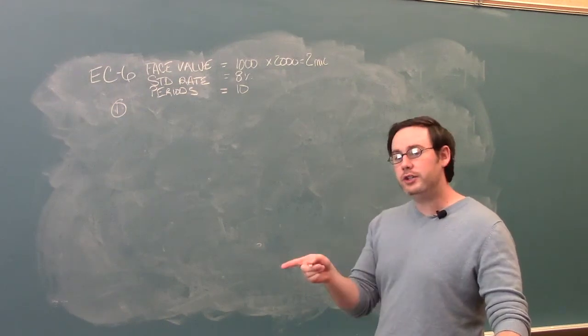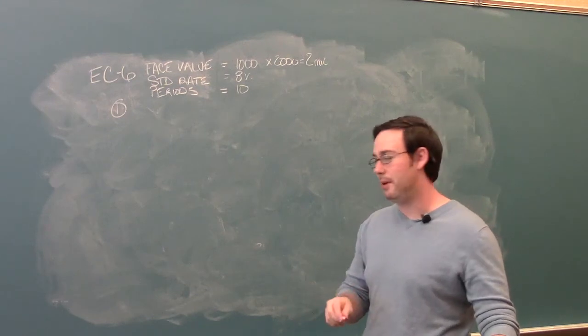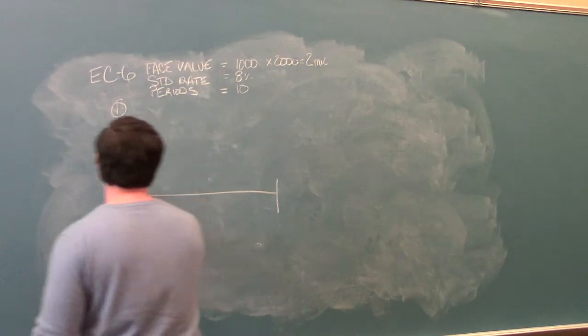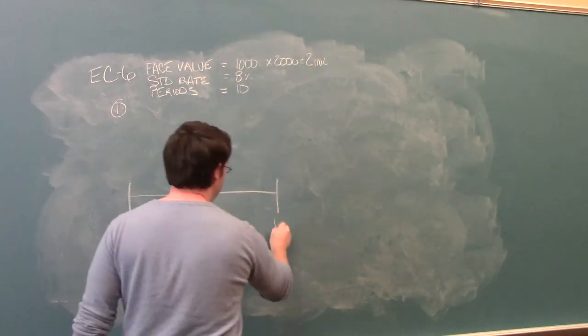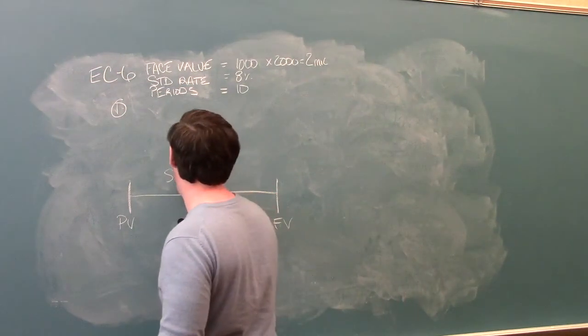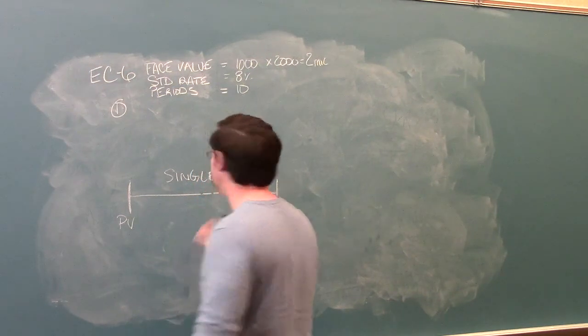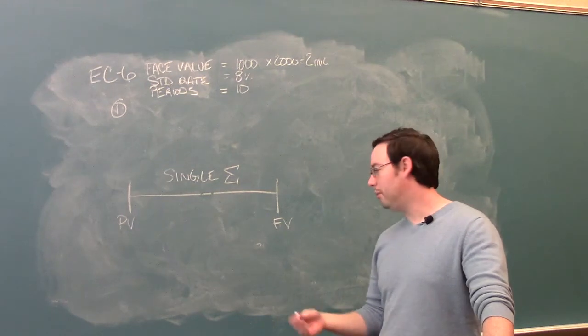So interest rate and principal are the 2 components that make up a bond, okay? If we were to look at a time spectrum, with this being the present value, this being the future value, there is a single sum component to what you as an investor are willing to pay for a bond, okay?